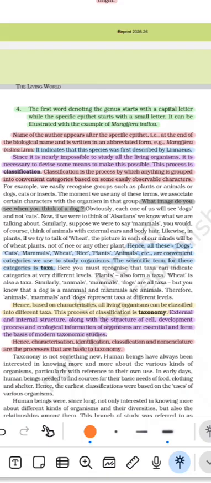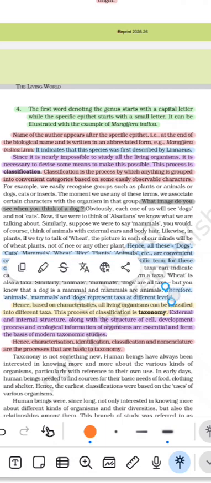But you know that a dog is a mammal and mammals are animals. Therefore animals, mammals, and dog represent different levels. This is an important line, the indicator of taxonomy. So please underline this line.